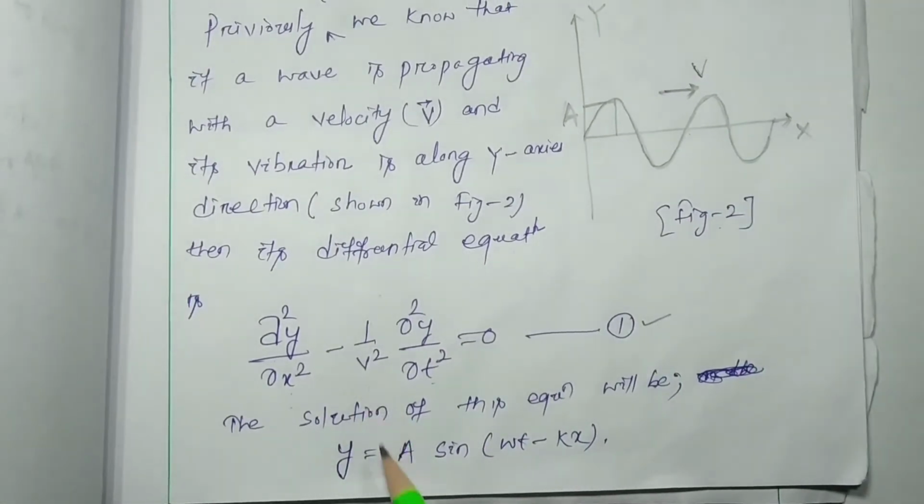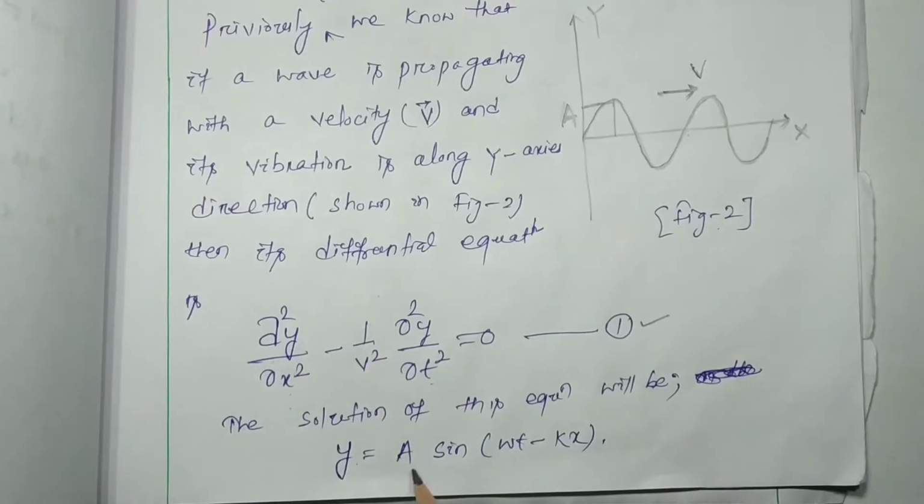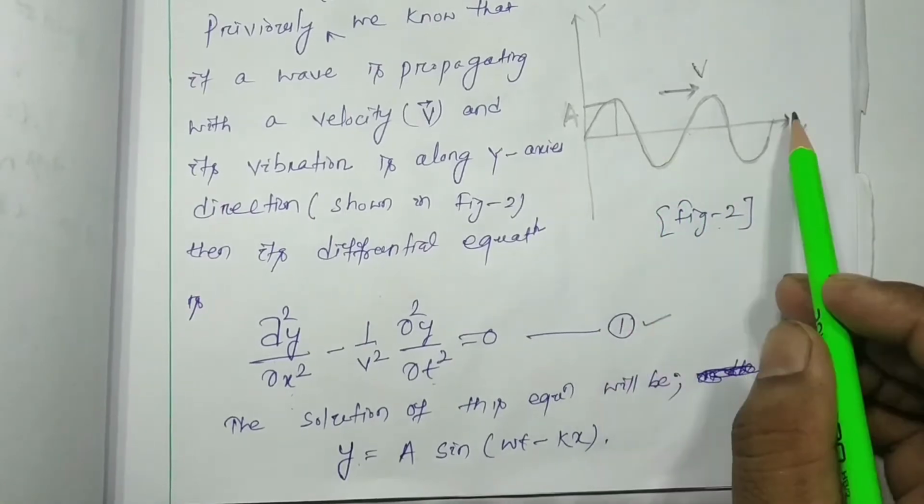The solution of this second order differential equation is y equal to amplitude sine of omega t minus k, where k is the wave number, into x. Here x is the direction of propagation.